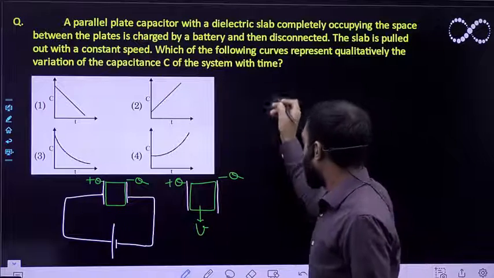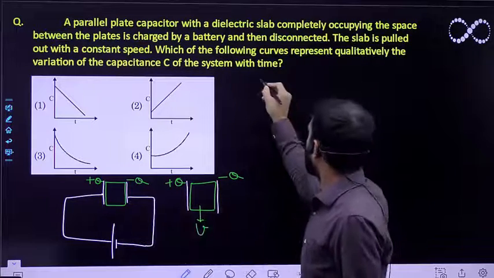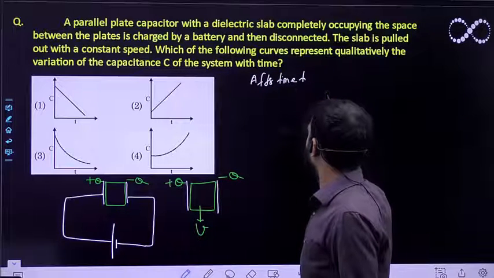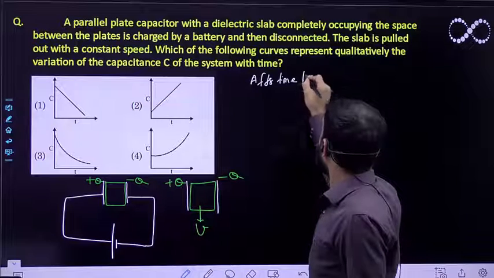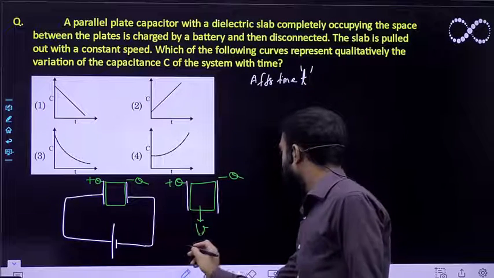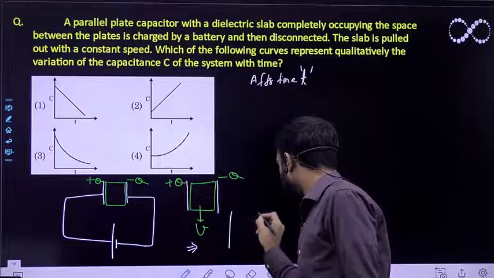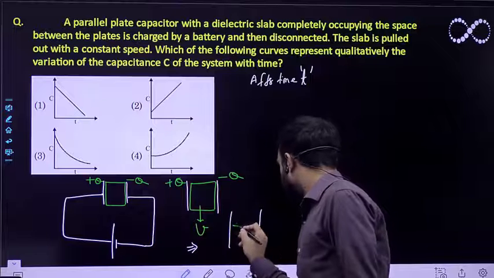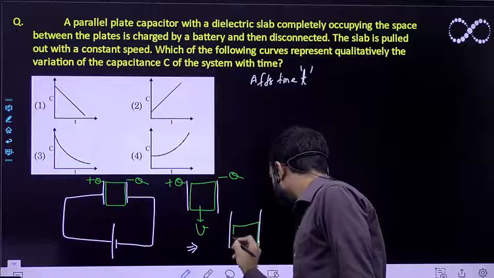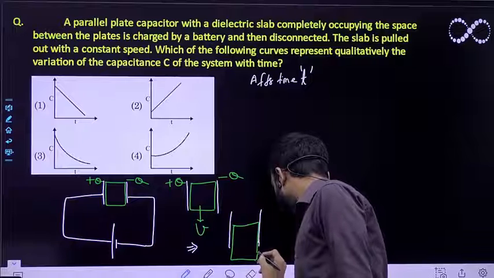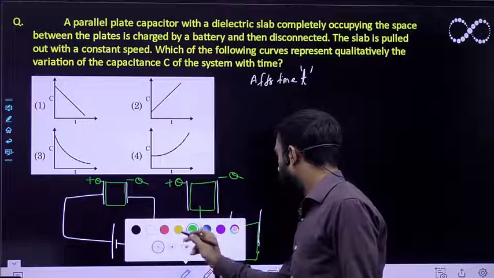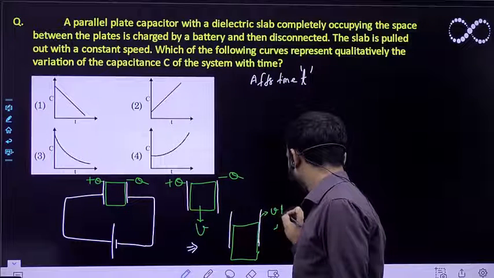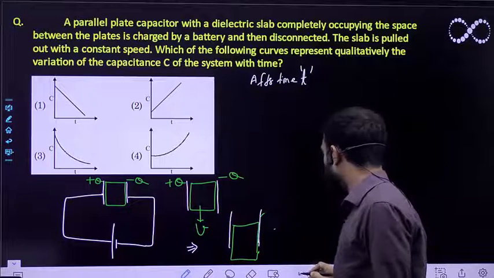So let us take after time t. After time t, this will become something like this. This is the capacitor here, and the dielectric will come down something like this. Since this is the time t, this distance will become vt, the vertical distance here.